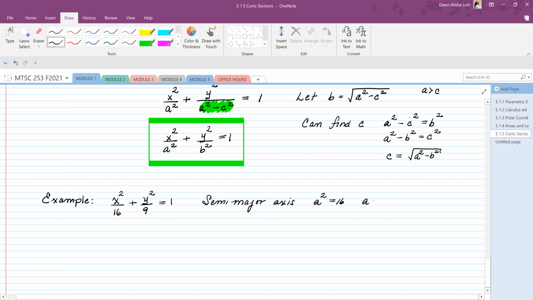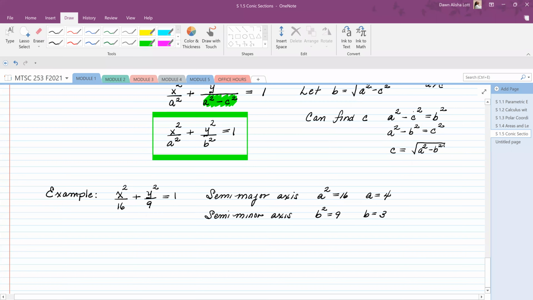So A is equal to 4. All right. And then our semi-minor axis tells us that B squared is equal to 9. So B is equal to 3. Okay, so we got that much.